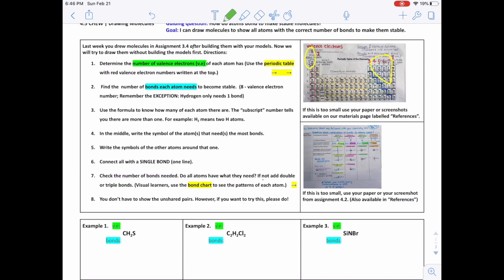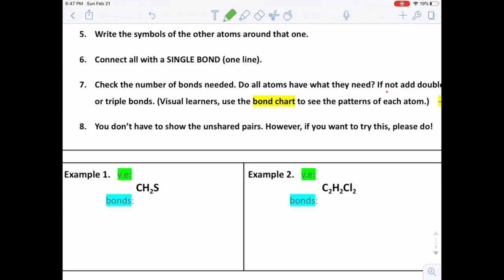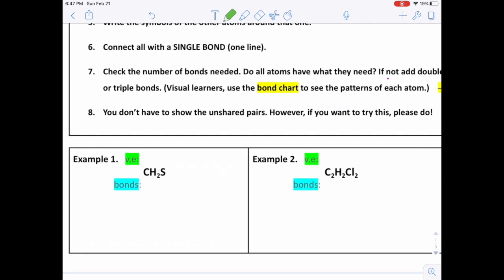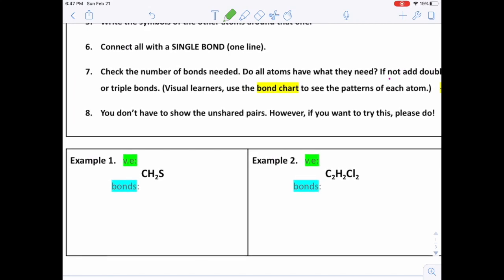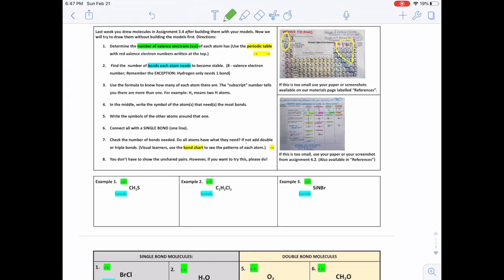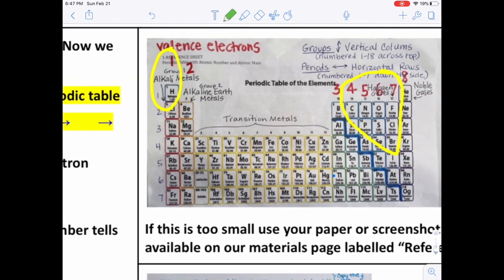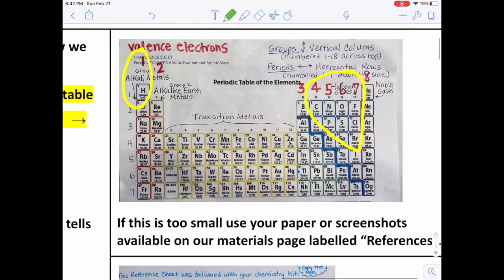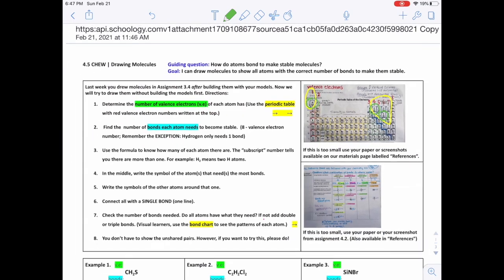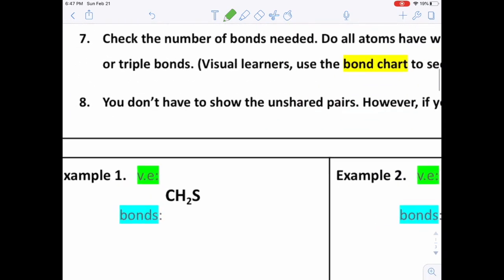So let's do those first 2 steps down here on example 1. The valence electrons for carbon, hydrogen, and sulfur, and then the bonds. So if you have your paper, it's maybe easier than moving around on here. But we see carbon, the valence electrons are 4, hydrogen is 1, and sulfur is in the oxygen group, so it has 6. I'm going to write that here.